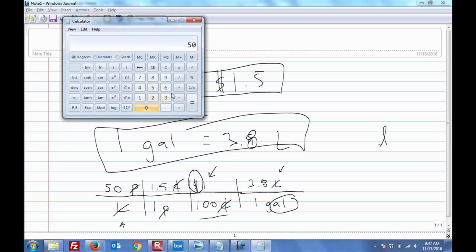So 50 times... Wouldn't that be 0.5? Well, it's 50 pence. So, but wouldn't you, technically, wouldn't that be 0.5? It would be 0.5 pounds, but I used pence. If I had pounds up, you could have done it a different way.